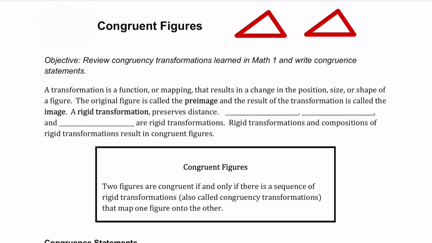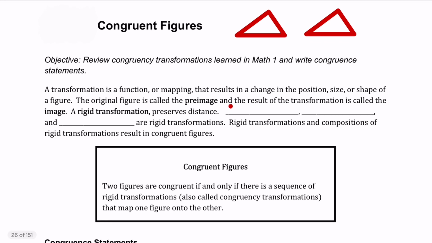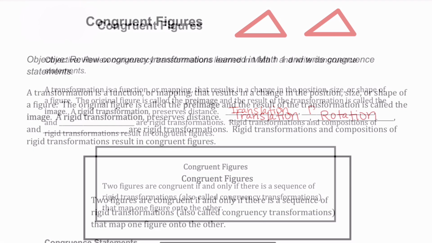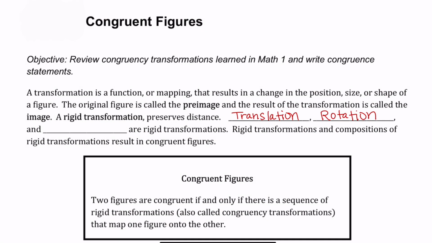A rigid transformation preserves distance. So I can have a translation, a rotation, or I could have a reflection. And all of these are rigid transformations. It's not going to change the distance of the sides of the triangle.